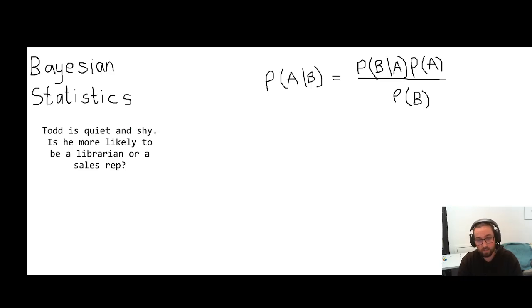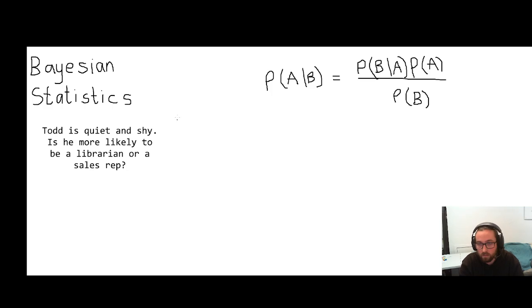So the answer here actually is sales rep, if we grant that, say, there are 1,000 times more sales reps than librarians, which I think is reasonable. I mean, some firms will have a lot of sales reps, but you've got one librarian in every town, something like that. So let's give these things values, and we're going to do a bit of guesswork, of course.